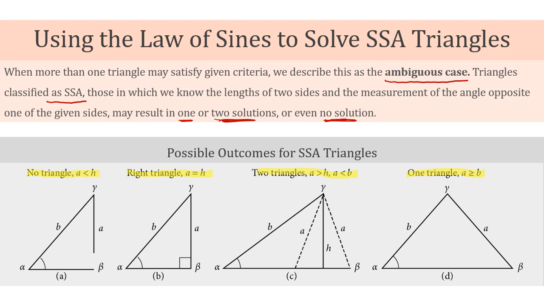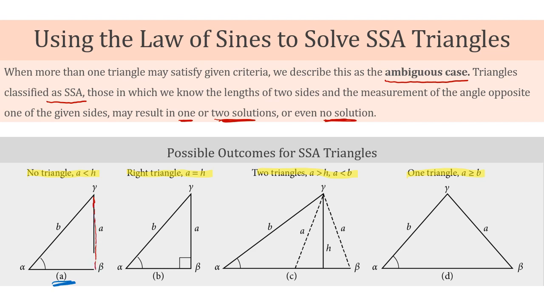If there's going to be no triangles, then that's this scenario A, where that side A in this case is just a little bit too short. Now, what's being given in the highlighted area is that the side A is less than h. What is h? You may recall that h was our altitude. So h in this case would be the perpendicular to this base.